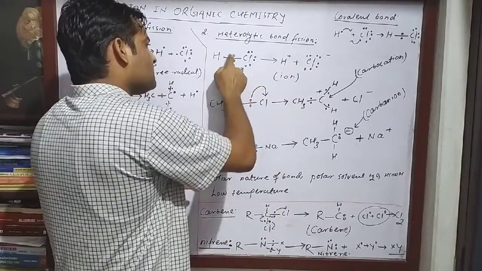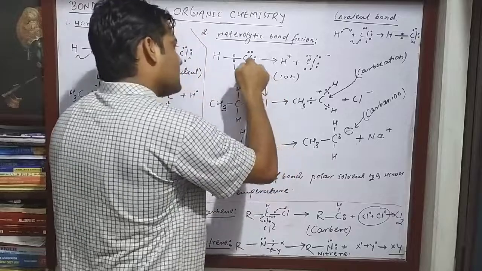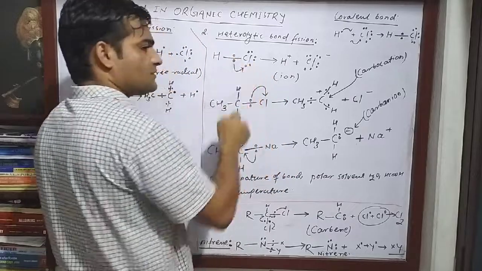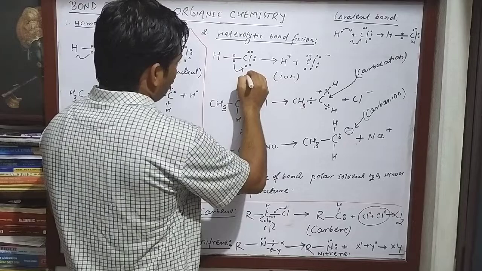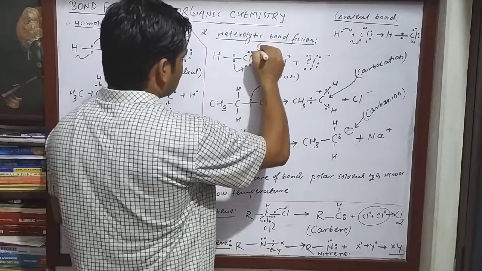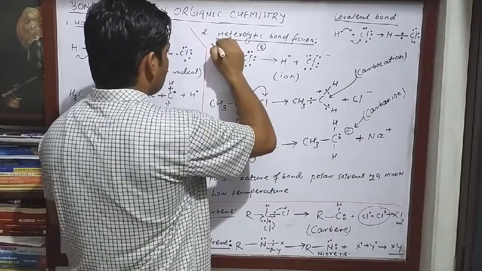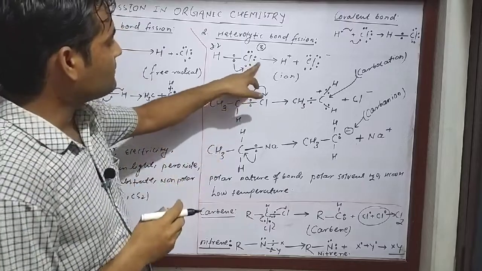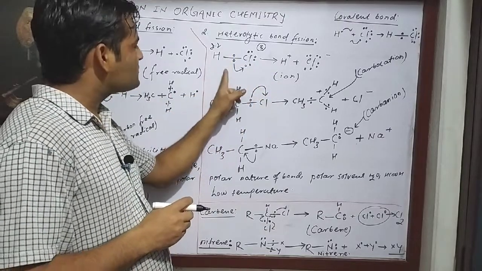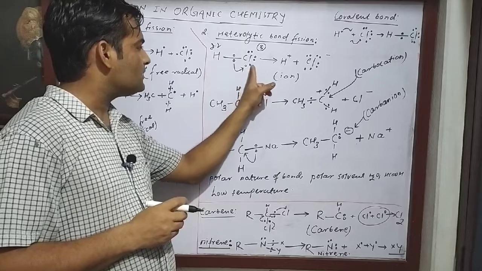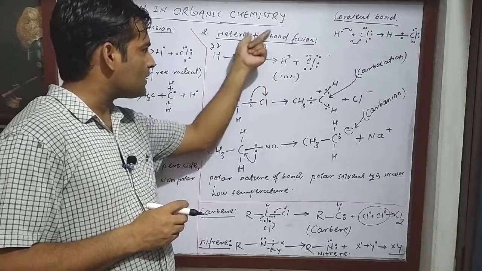The shared pair of electrons shifts towards the atom which has the higher electronegativity value. Here the electronegativity of chlorine is 3 and hydrogen is 2.1. Which one has greater electronegativity? The chlorine atom. Therefore, if the shared pair of electrons shifts towards only one atom, the more electronegative atom, this is heterolytic bond fission.